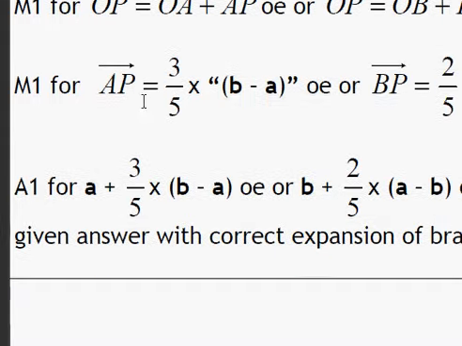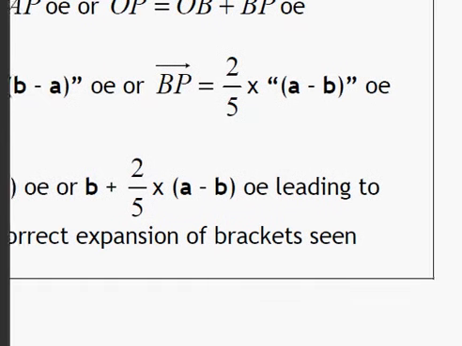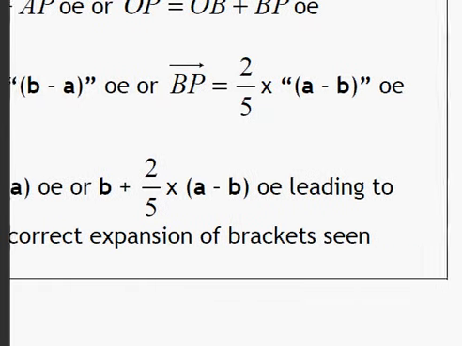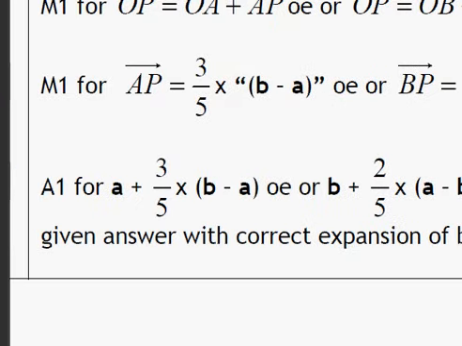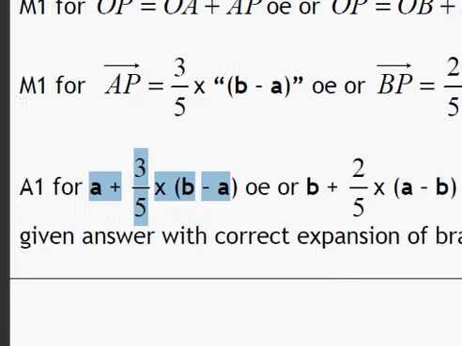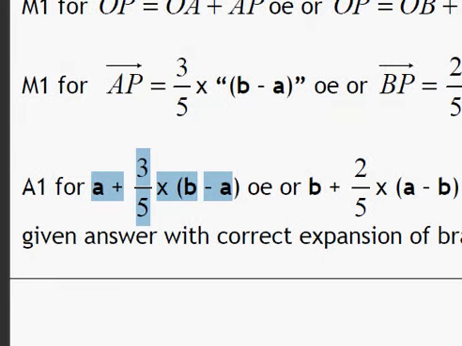Give yourself 1 mark if you wrote down AP equals 3/5 times your b minus a, your answer from the first part, even if you didn't get that right, or equivalent, or BP equals 2/5 times your a minus b. Give yourself full marks if you wrote down the vector a plus 3/5 times b minus a or equivalent, or b plus 2/5 times a minus b or equivalent, leading to an answer with correct expansion of brackets seen.